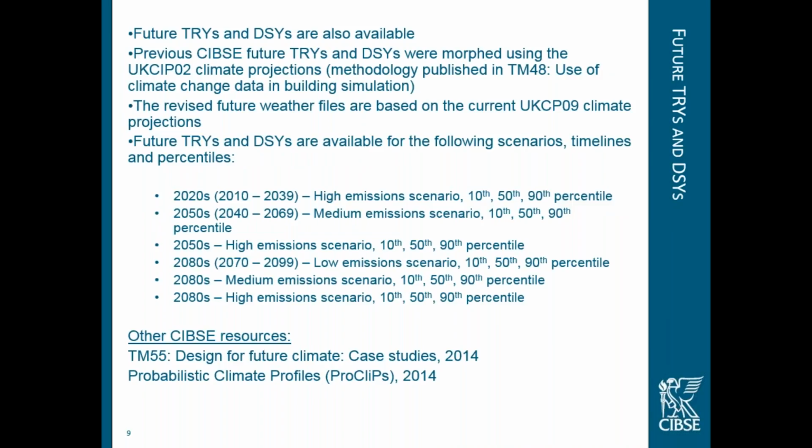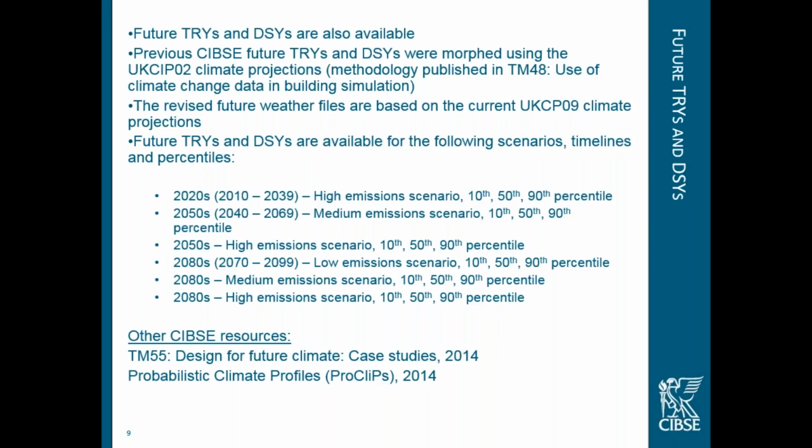So on top of the current weather files, we have the future test reference years and design summer years. Those have been updated based on the UK climate projections 09, that are probabilistic in nature. And I have listed the time periods, emissions and percentiles that those are available for.